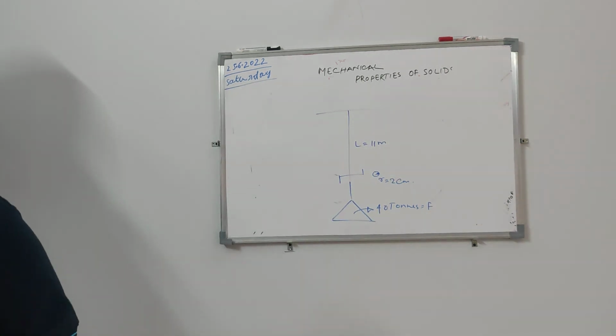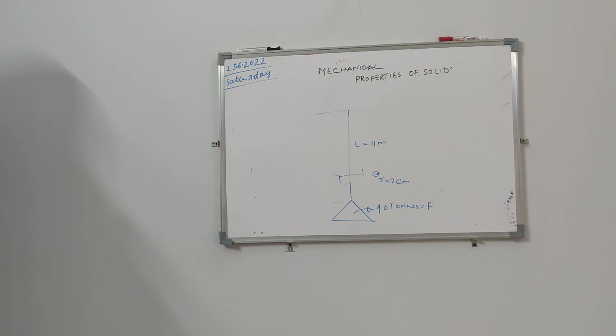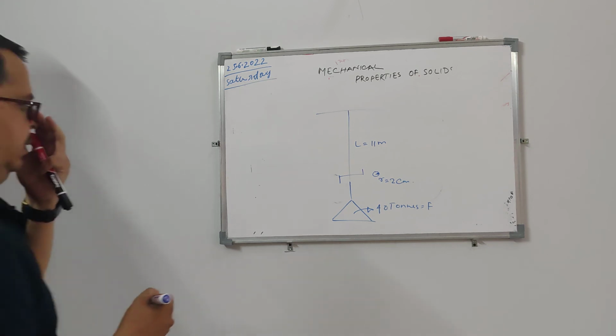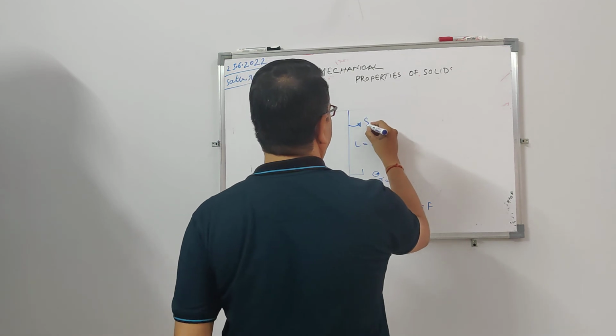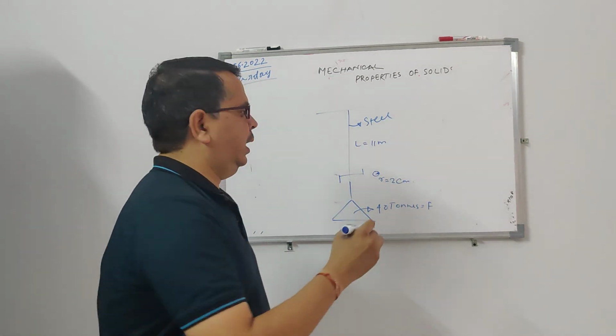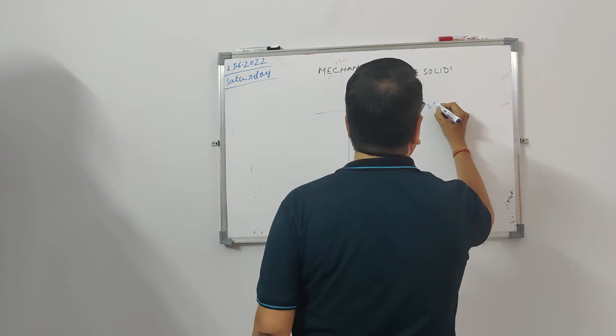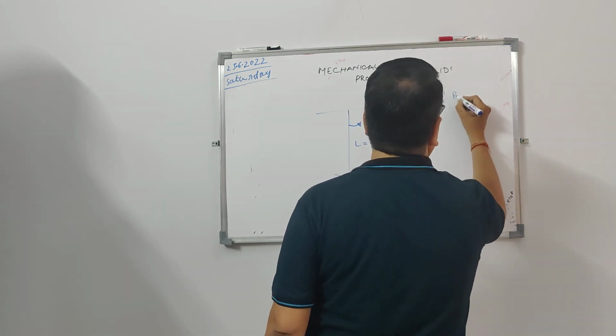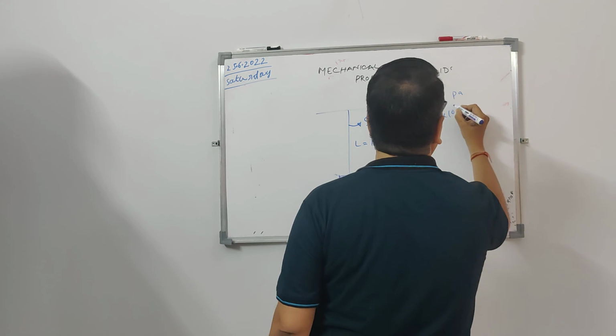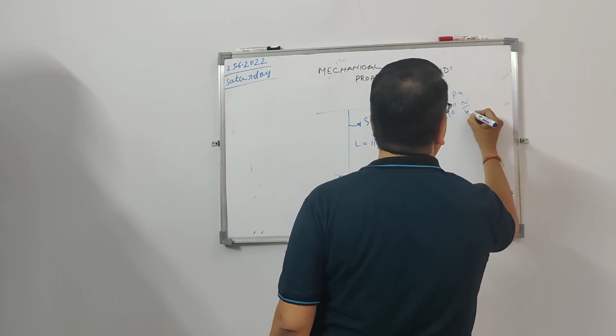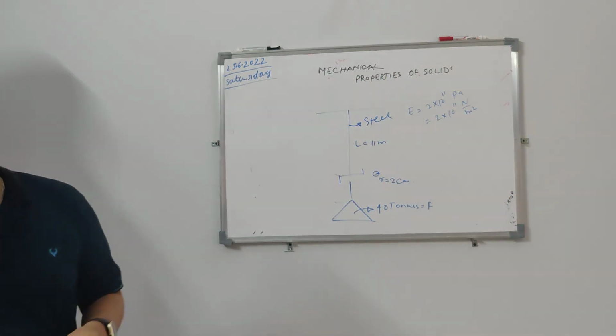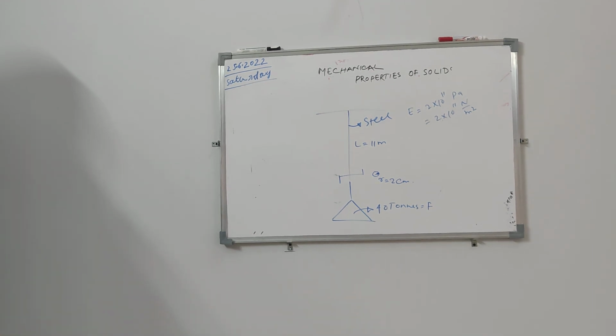The Young's modulus of steel is 2 into 10 to the power 11 Pascal. Let us say this is made of steel, and its Young's modulus is equal to 2 into 10 to the power 11 Pascal, which is nothing but 2 into 10 to the power 11 Newton per meter square. Now they are asking roughly what will be the increase in length of the cable because of lifting the block.